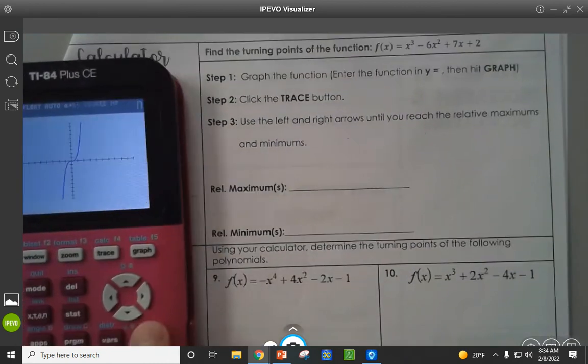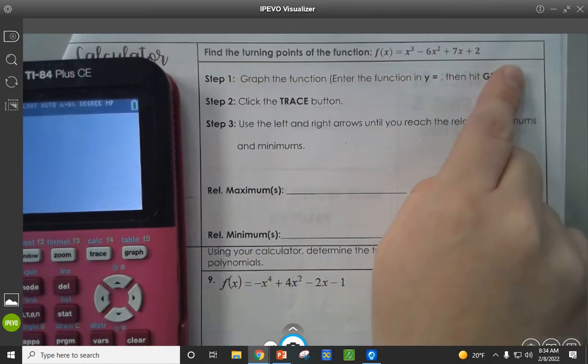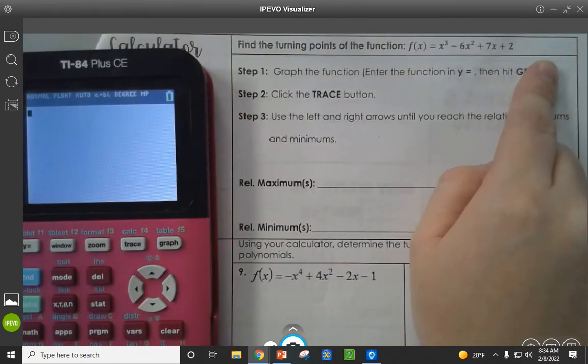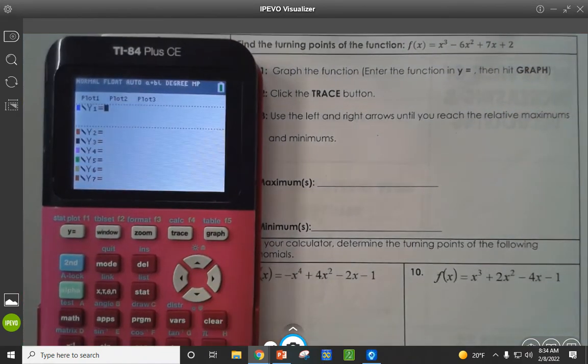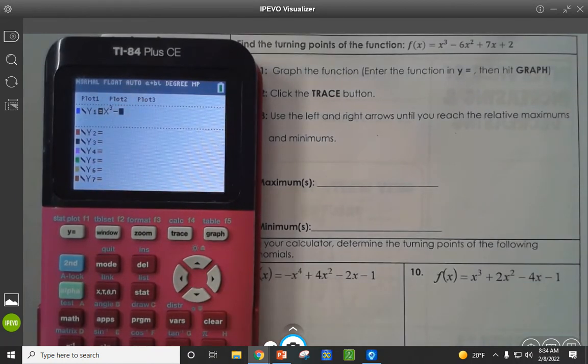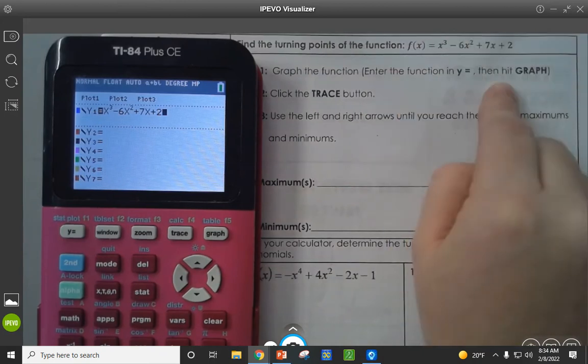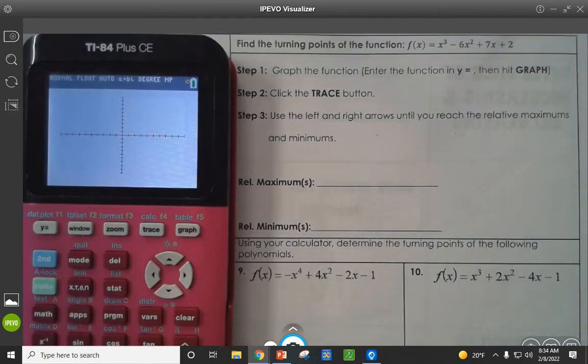So let's type in this equation, this cubic polynomial. So we have x cubed minus 6x squared plus 7x plus 2. So type that in and then hit graph.